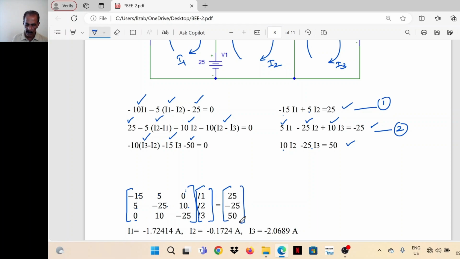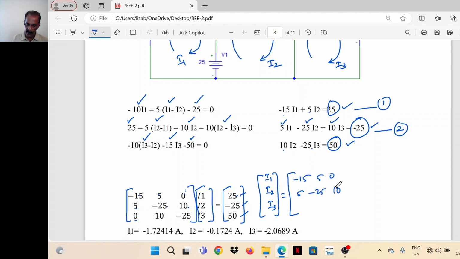It's equal to 25, minus 25, 50. So I1, I2, I3 is the inverse of this matrix into 25, minus 25, 50. Find the inverse of this matrix and multiply with this vector.